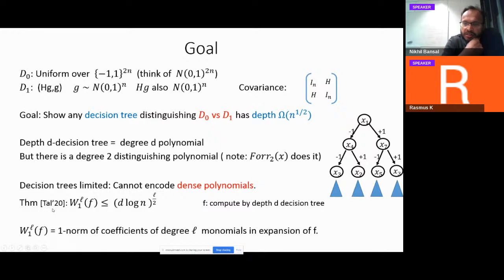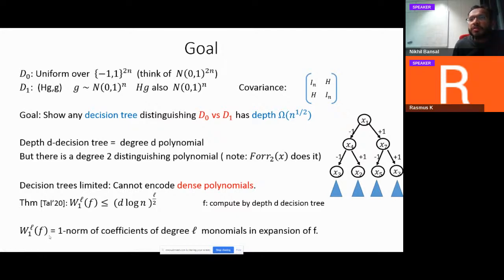A nice result of Avishai et al. from last year is that if you look at the polynomial that this decision tree is computing, and you look at the degree L monomials and sum up the weight of their coefficients, that can't be too large. It's roughly d to the L over 2. Let's ignore this log n. We'll see in the next slide what this really means. W1 L F is just the level L weight, the L1 weight of these coefficients.